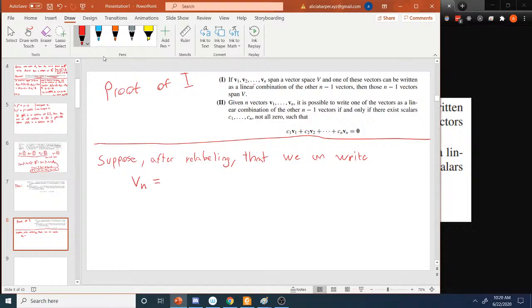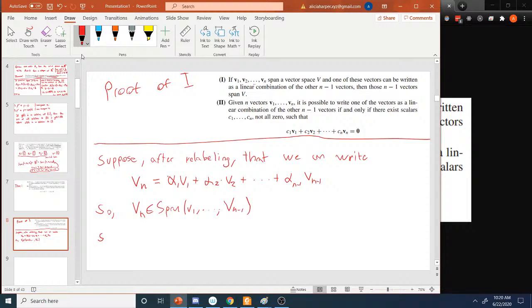Then this is going to be equal to alpha 1 times v1 plus alpha 2 times v2 plus, and so on, alpha n-1 times v n-1. So what this tells us is that Vn actually lies in the span of V1 through Vn-1.